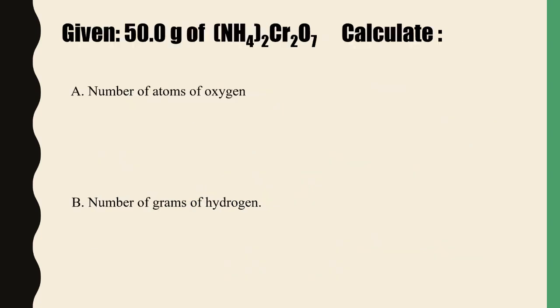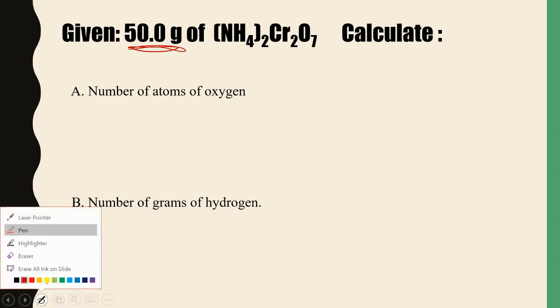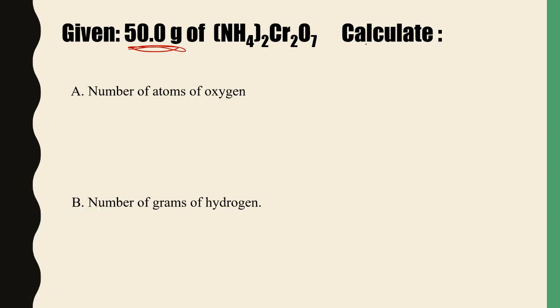Now, if we have this different compound, this ammonium dichromate, to do anything, because it's in grams, we want it in moles. So to do these things, it's helpful to make your little chart and figure out the molar mass of ammonium dichromate. There are 2 atoms of nitrogen, each with a mass of 14.